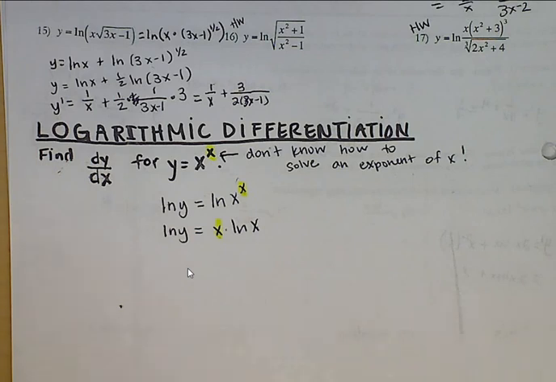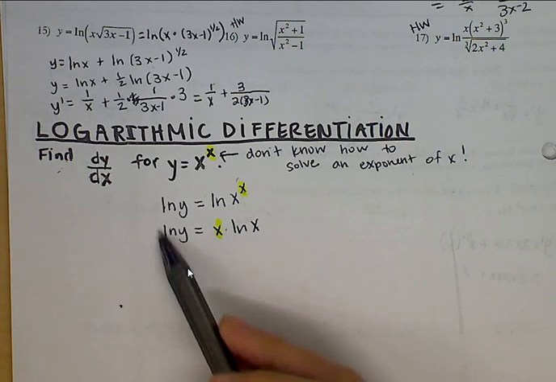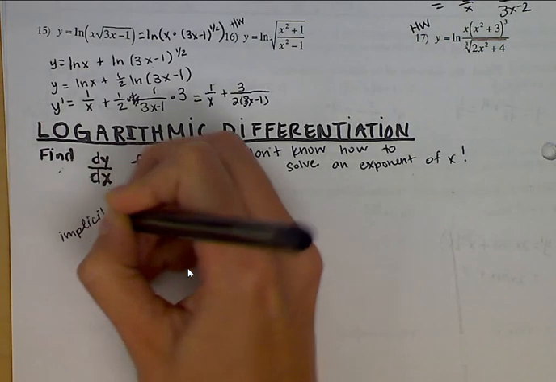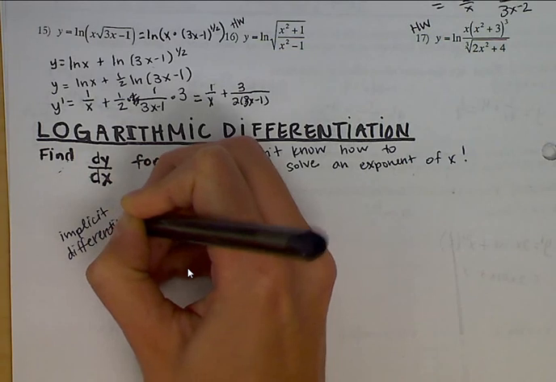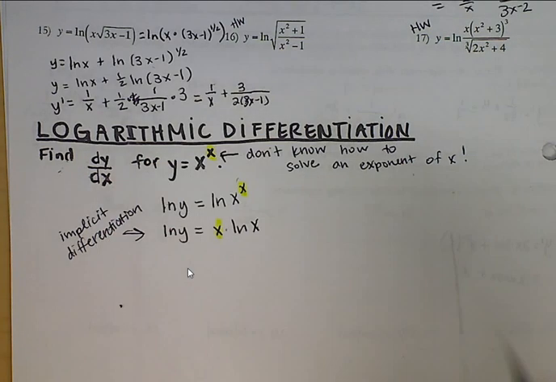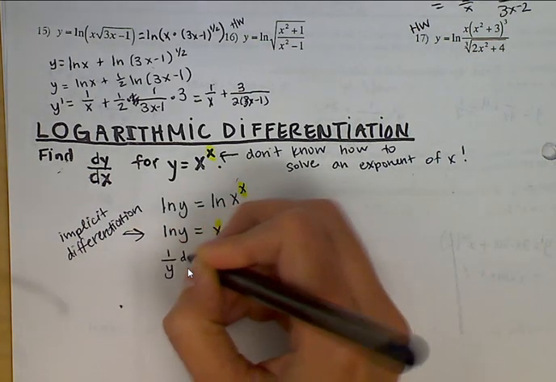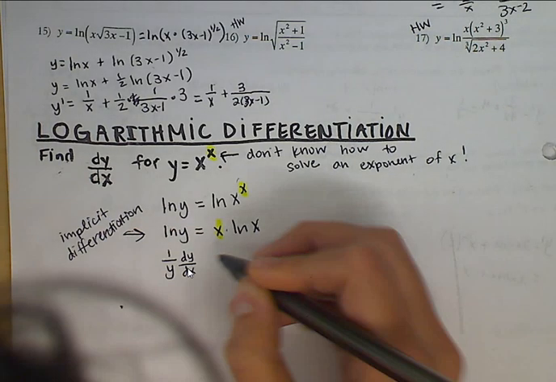So I can differentiate this. I'll have to differentiate implicitly since I don't have this solved for y. So on the left side, I'm going to have 1 over y dy dx. And over here, I'm going to use the product rule.